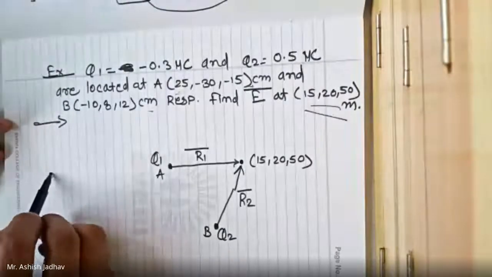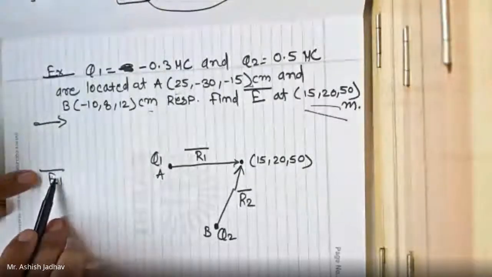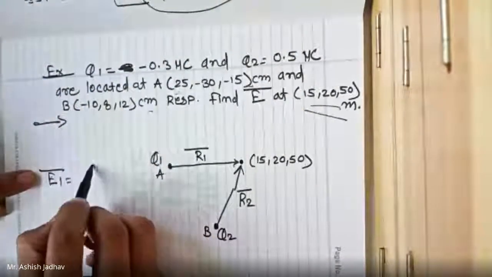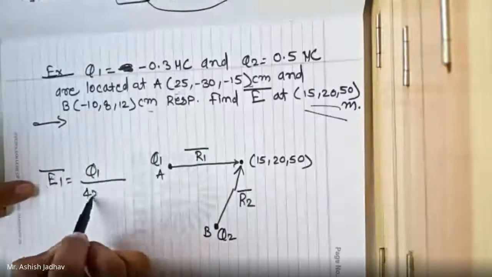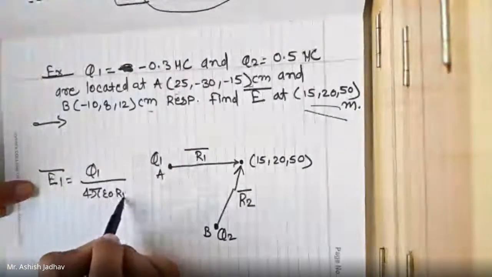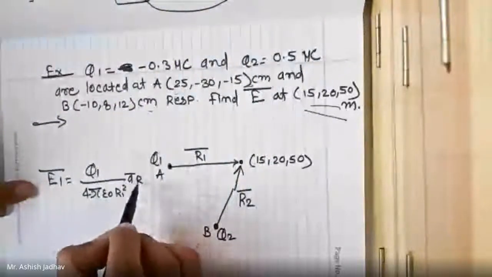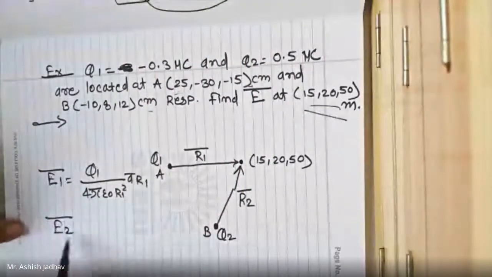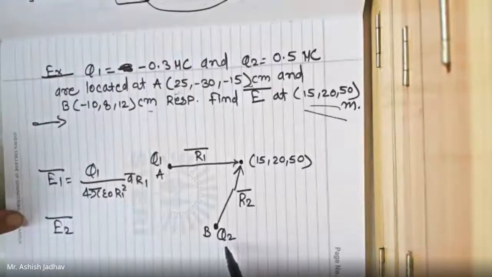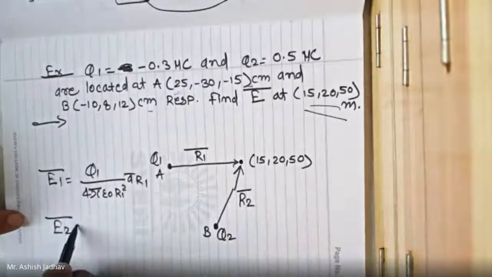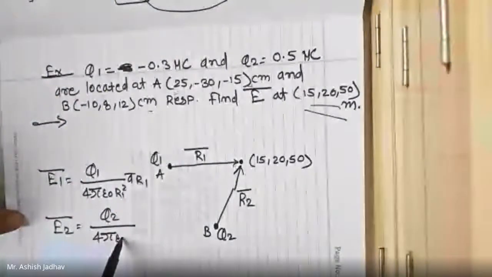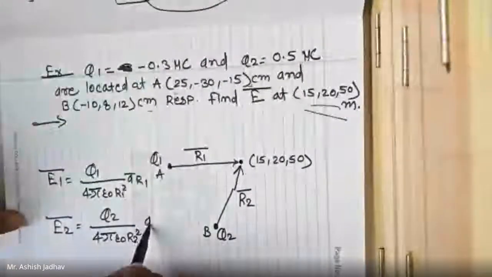the electric field intensity E1. E1 is the electric field intensity produced by Q1 at this point, equal to Q1 upon 4 pi epsilon naught R1 square, a bar R1. Second, you can calculate E2, the electric field intensity produced by Q2 at this point, equal to Q2 upon 4 pi epsilon naught R2 square, a bar R2.